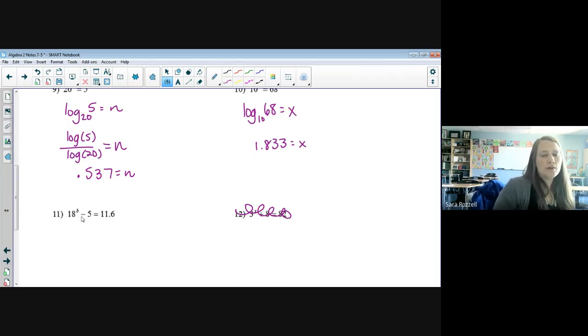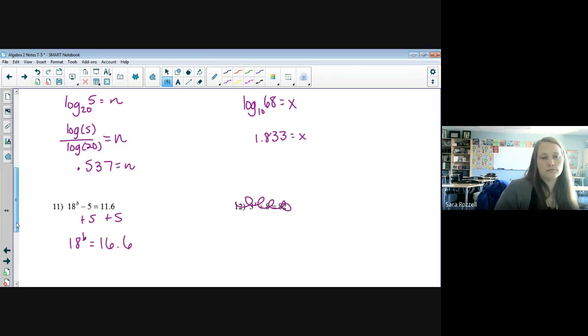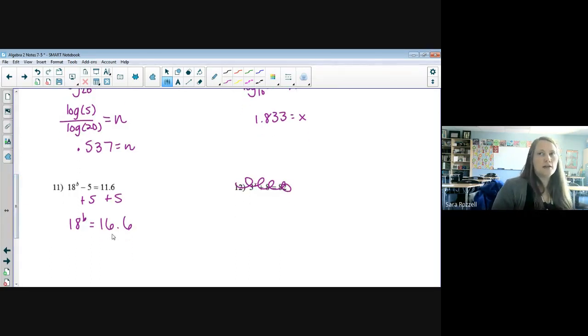Nope. We need to add 5 first, and then we can do what we just did. So 18 to the b is equal to 16.6. And once you get to this point, you have to think, all right, now it's an exponent. I'm going to have to switch it to a log.